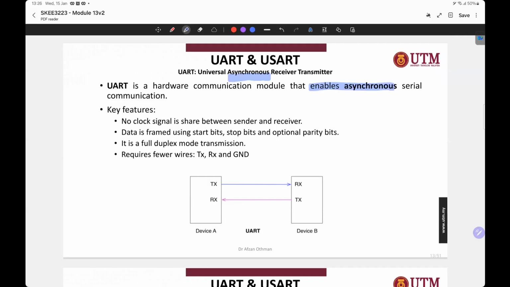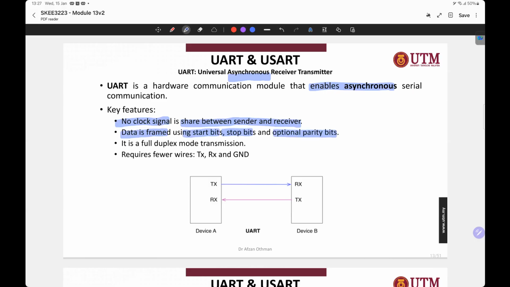The key feature of the UART is that, since it is asynchronous, no clock signal is shared between the transmitter and receiver. No need to have a clock source. The data is framed using a start bit, stop bit, and optional parity bit, as I mentioned earlier.